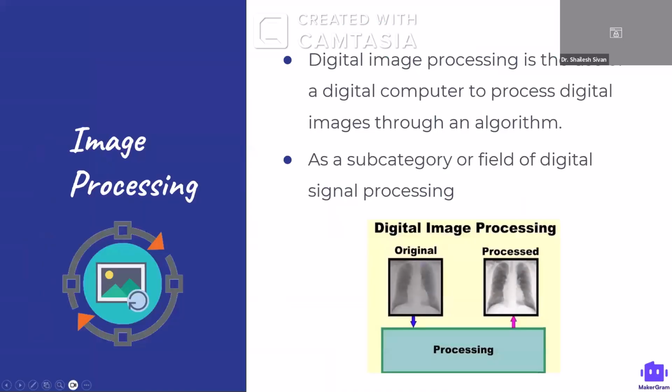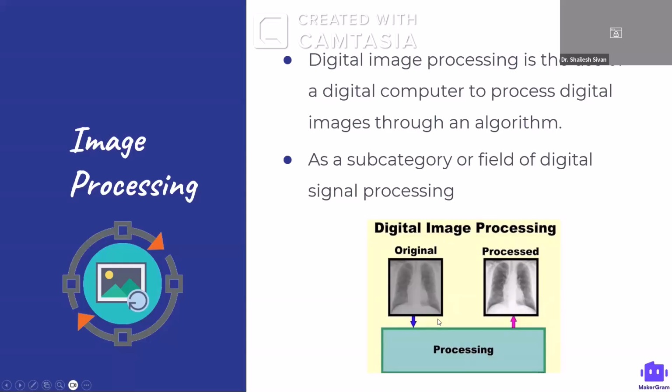Usually, digital image processing is the use of a digital computer to process digital images through an algorithm. Digital image processing is a branch that comes under signal processing, digital signal processing, and it is viewed as a field of digital signal processing.